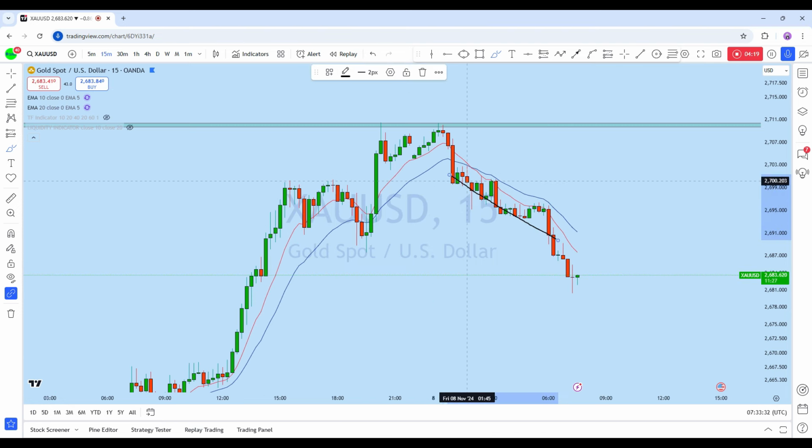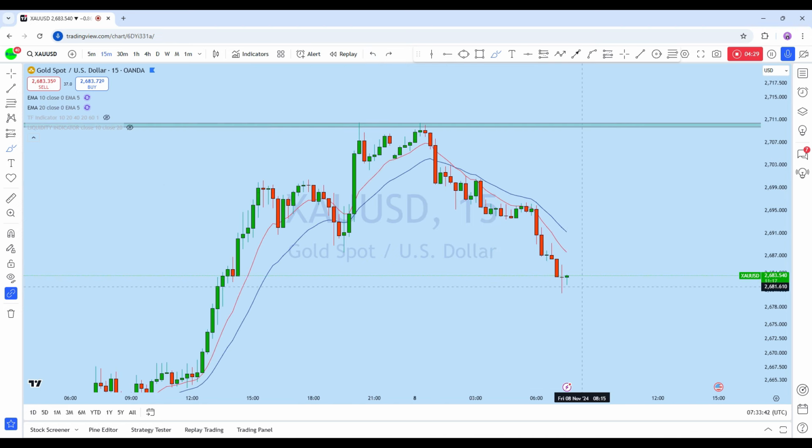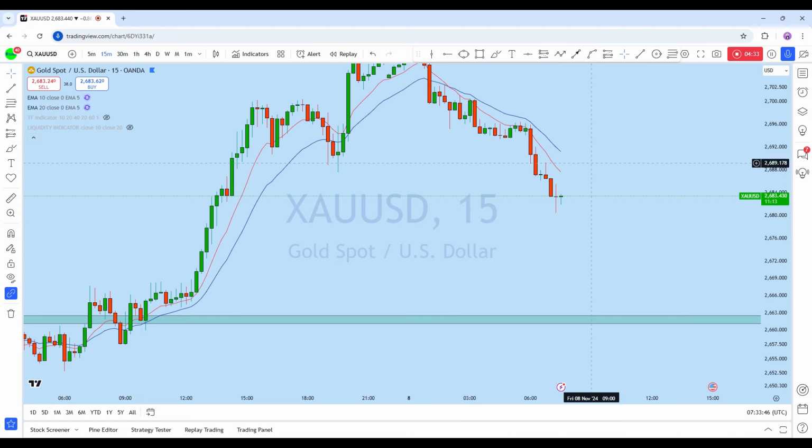We saw that this channel has completely broken below that level, followed by a doji formation on the 15 minutes. In that area, the previous 15 minutes session candle formed a doji.